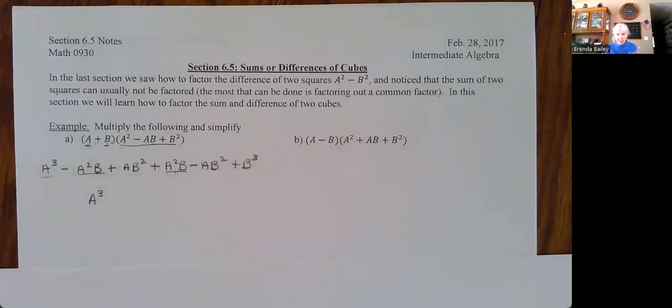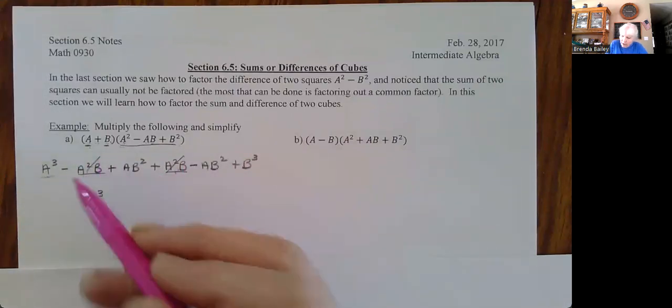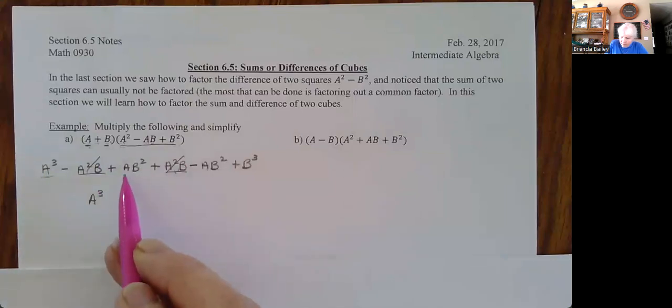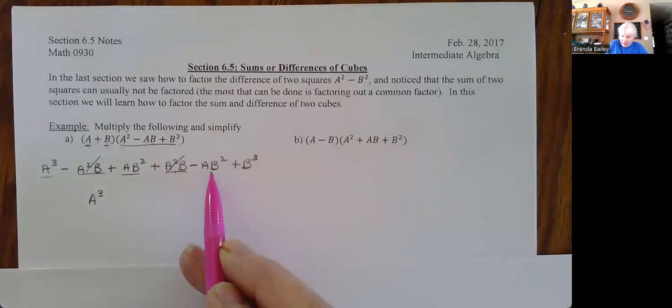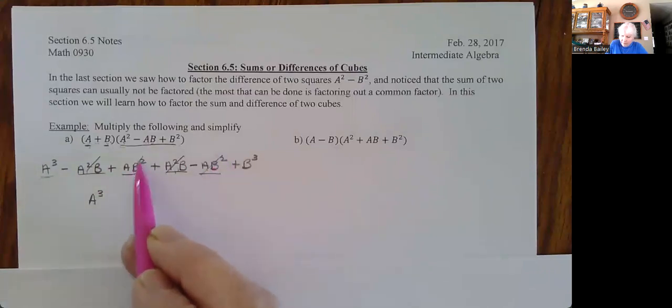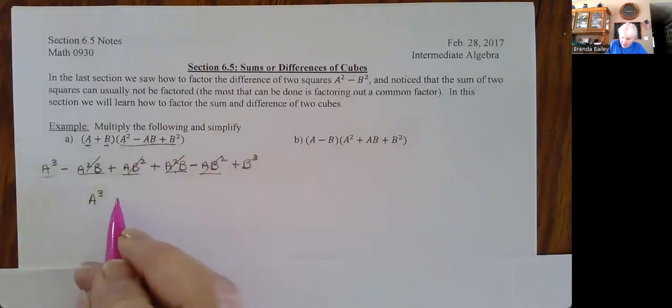A minus 1 and a positive 1 is 0. Then we go to this term, AB squared, and a negative AB squared add up to 0. Alrighty. And then we just have the plus B cubed.